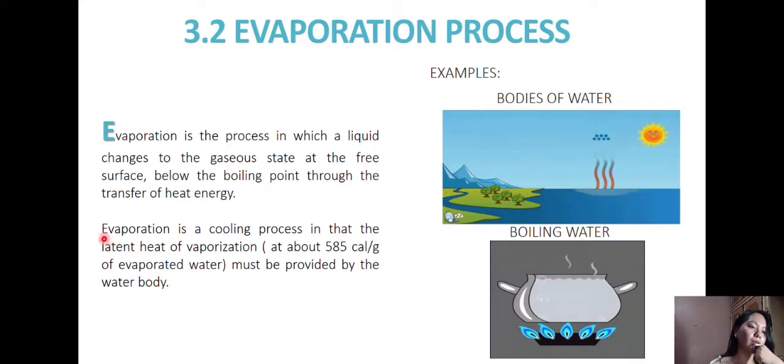Evaporation is a cooling process in that the latent heat of vaporization, at about 585 cal/g of evaporated water, must be provided by the water body. Examples where the evaporation process takes place are in bodies of water and boiling water.